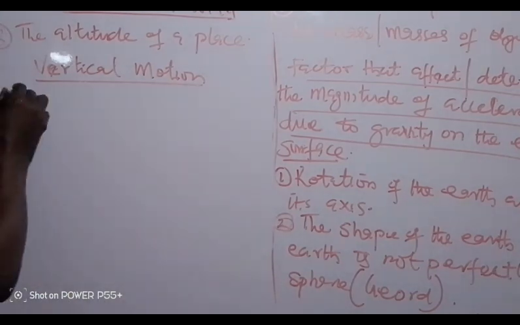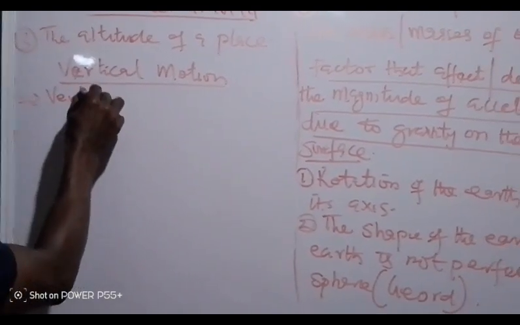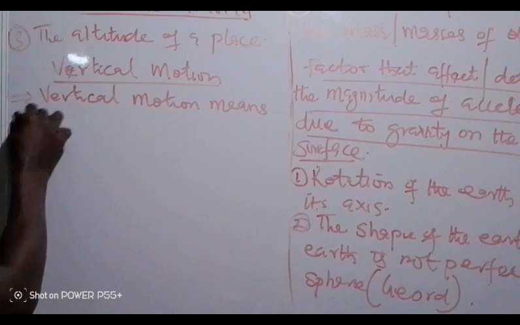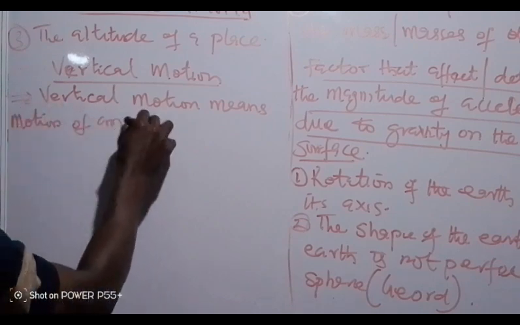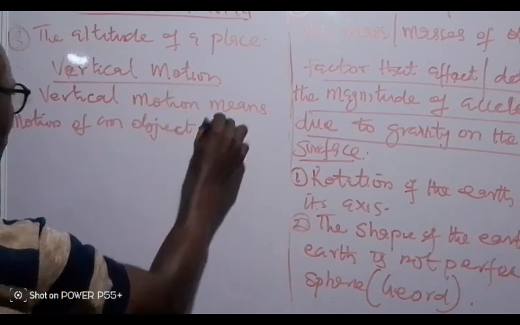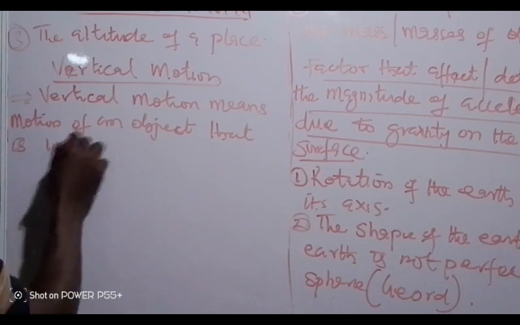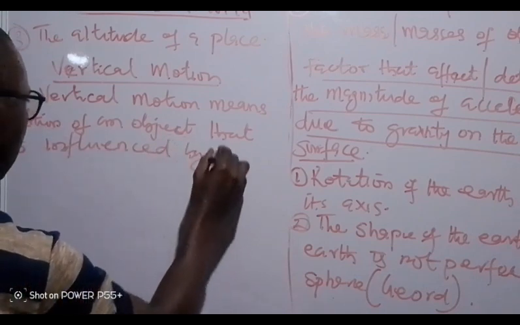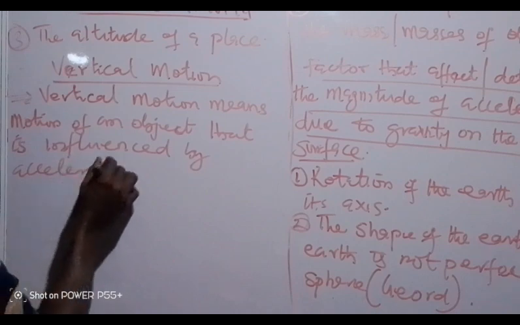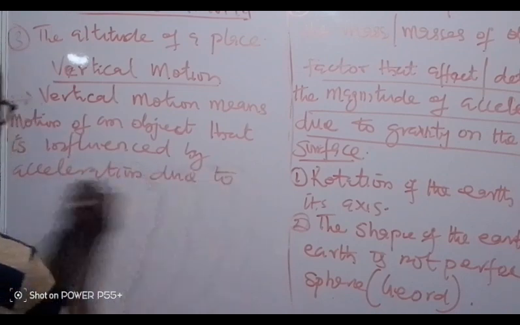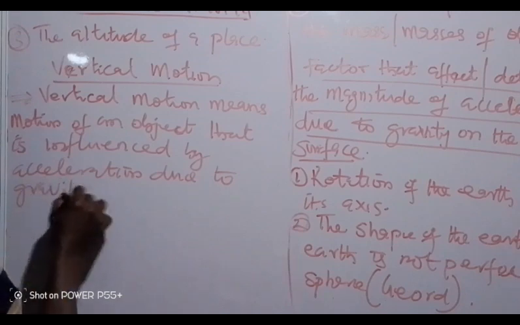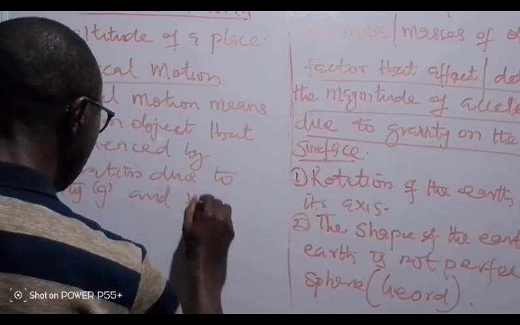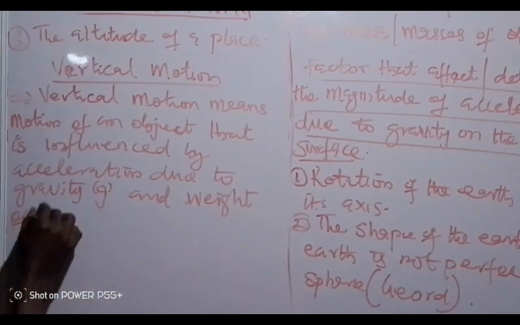Let's write. Vertical motion means motion of an object that is influenced by acceleration due to gravity, G, and the weight of the object.